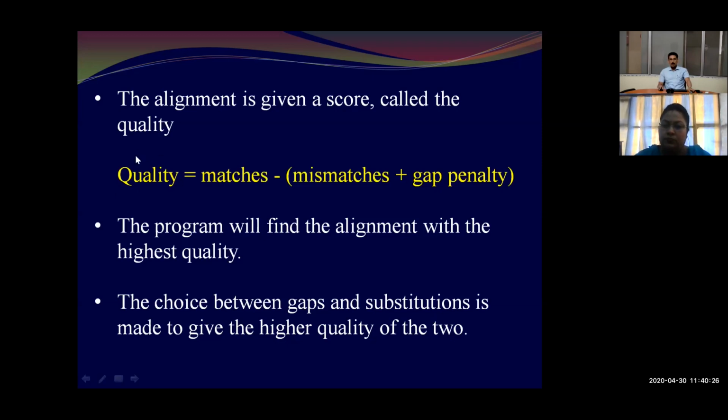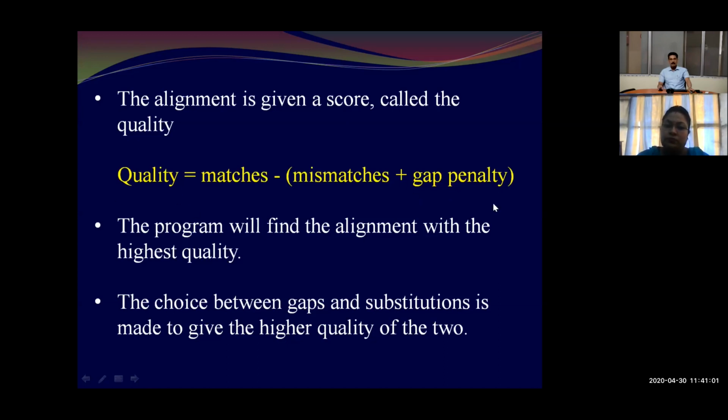Therefore, in the total quality score of similarity, mismatches and gap penalty will be negative. It means if the matches are more than the mismatches and gaps created, there is a high level of similarity. But if in a certain alignment there are many mismatches or many gaps to be created for alignment, that indicates these sequences have less similarity, because these are negative scores.